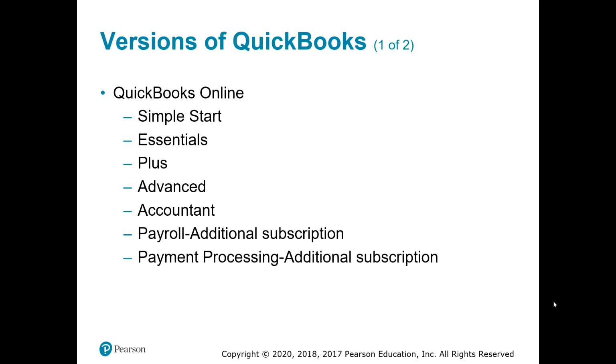Awesome. How about Essentials? Essentials are basically everything in Simple Start plus 3 users, including payables, vendors, bills, payments, and scheduled payments. Recurring invoice schedules enables delayed charges and credits and includes more than 40 reports.